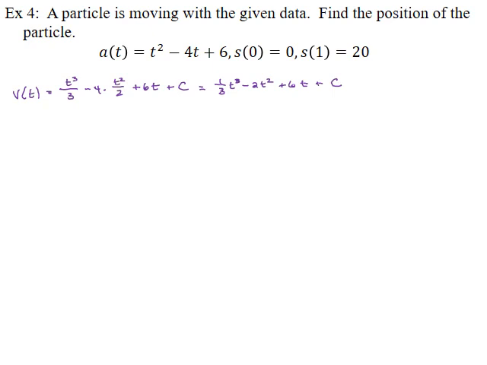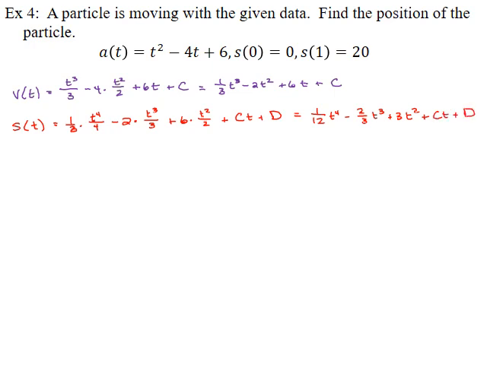So I'm going to find the antiderivative again. To go from v, the antiderivative of that would be s. So that's going to end up being 1/3 times t to the 4th over 4 minus 2 times t to the 3rd over 3 plus 6 times t squared over 2 plus ct plus d, which does simplify into 1/12 t to the 4th minus 2/3 t cubed plus 3 t squared plus ct plus d.